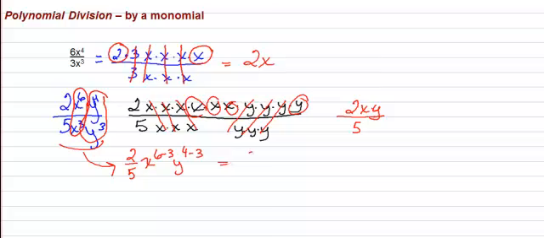X 6 minus 3 is x to the 3rd, and then y to the 1st, which is the same as saying 2x cubed y all over 5. You'll see we get the exact same answer. Of course, using the exponent laws is considerably faster.